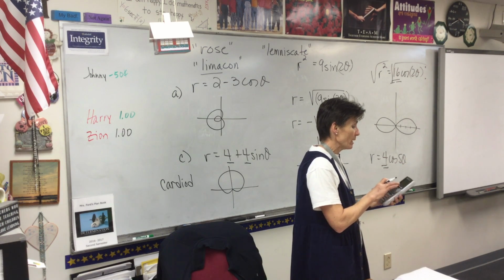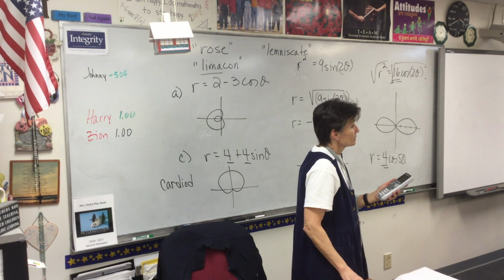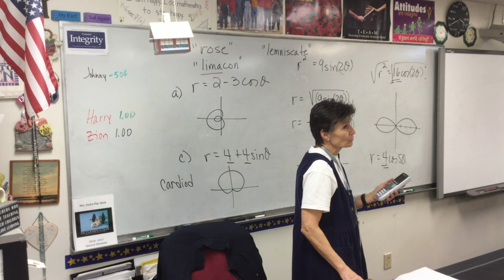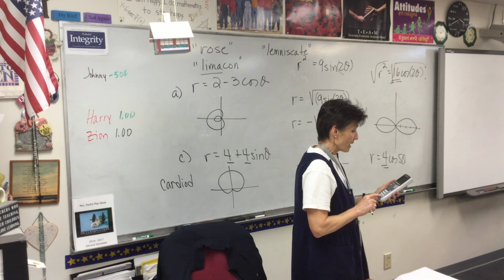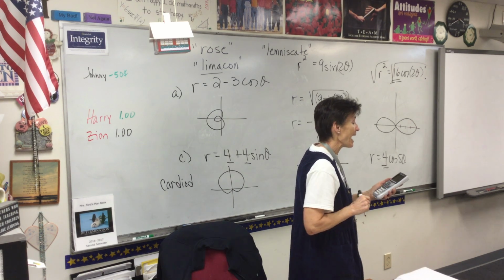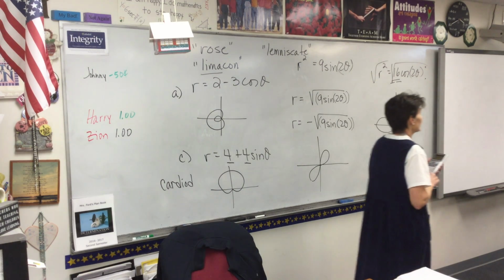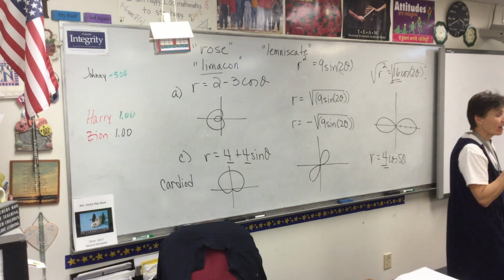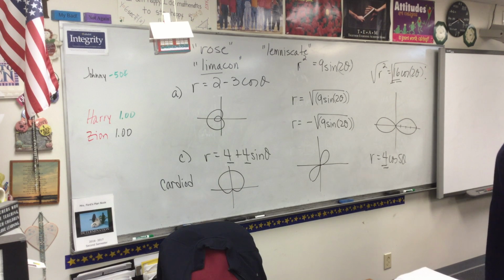Okay? Now window. We're going to go, our theta min is going to be negative 10 pi. And actually type in the pi. Now as soon as you go down to the next level, it's going to change it to a decimal, and that's fine. But theta min is negative 10 pi. Theta max is positive 10 pi.